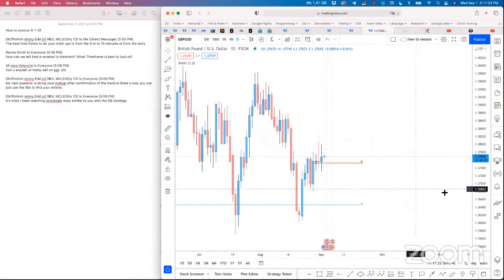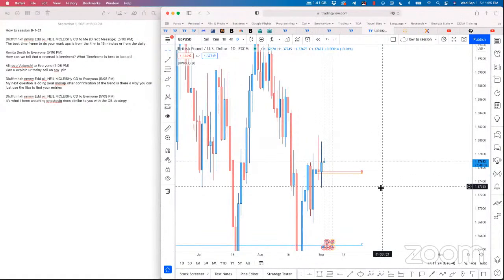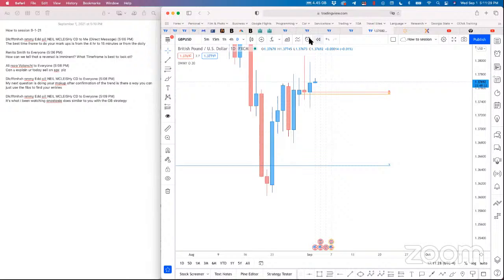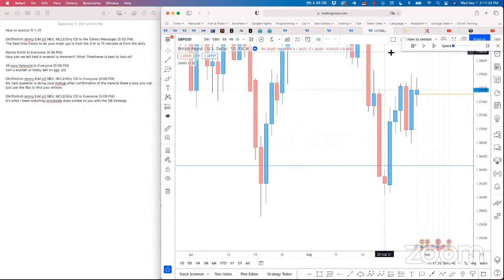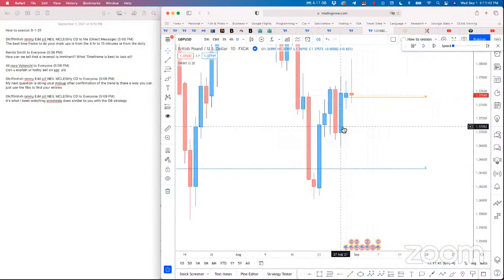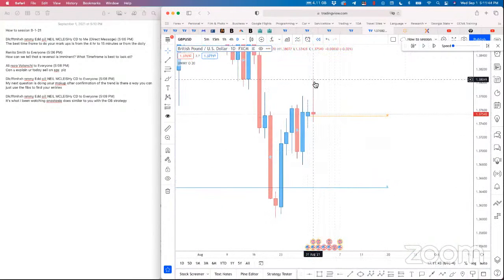So in this case, opening up the daily, let's do a replay. We hit play. This was yesterday, right? If you saw this candle right here when the market first opened up, what would you be thinking, Neil?